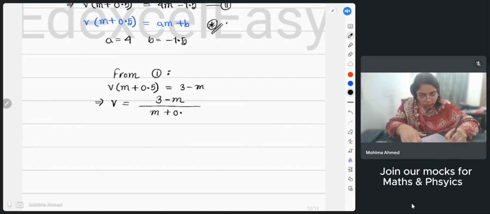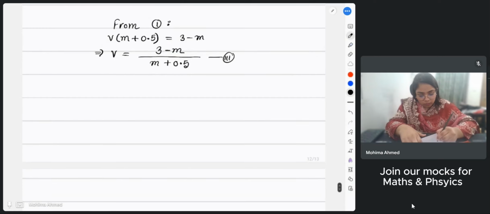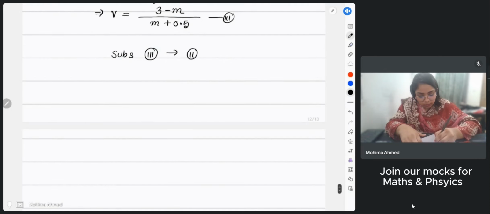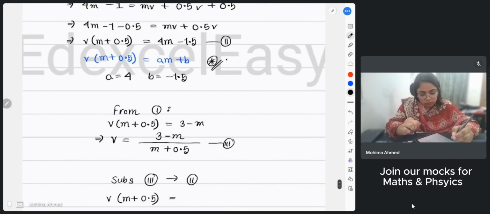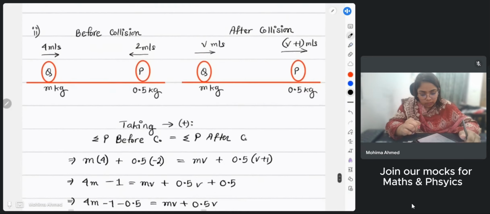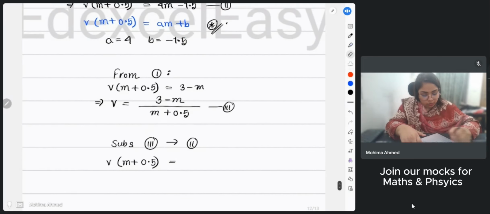Now this is your equation 3, right? I'm going to substitute this third equation into the second equation we calculated. Wait, 1 minute, I'm just making it more complicated.